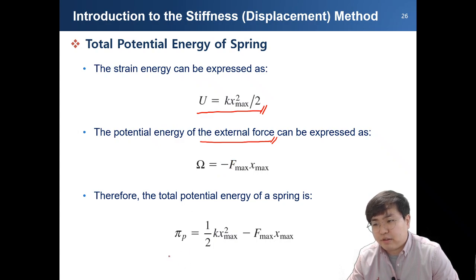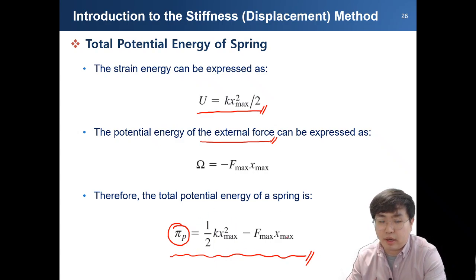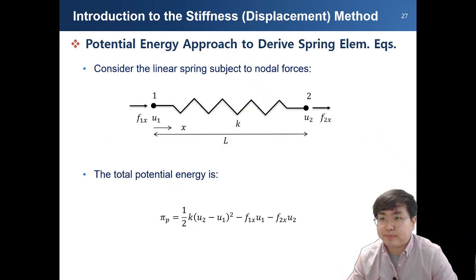So finally the total equation looks like this. This is the total potential energy of the spring system. This part becomes the stored internal energy. This part is the external energy onto the solid structure.